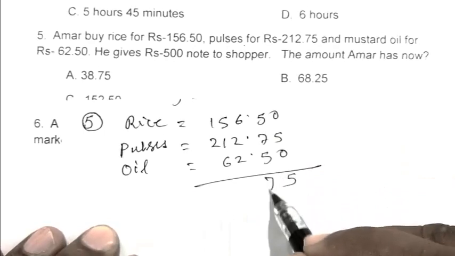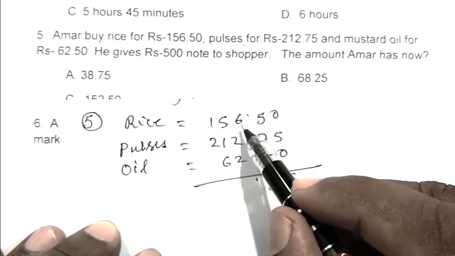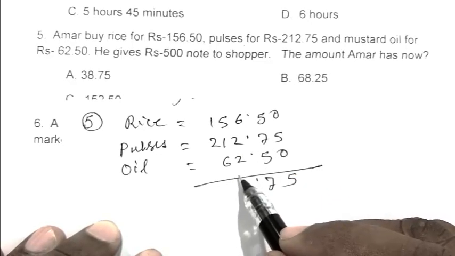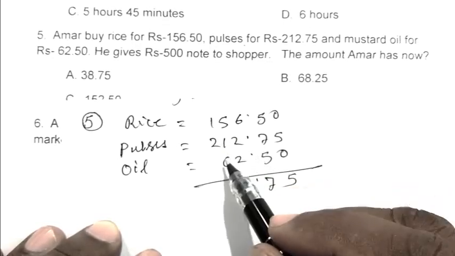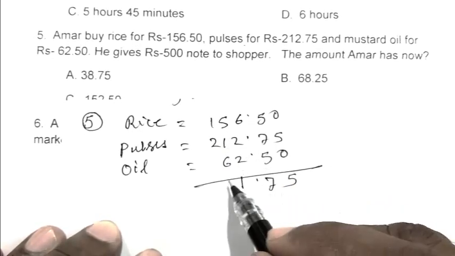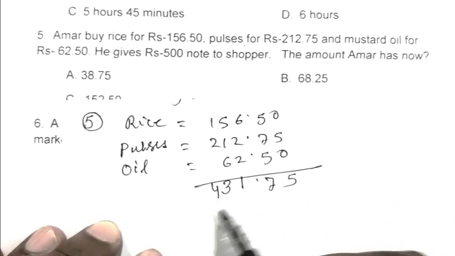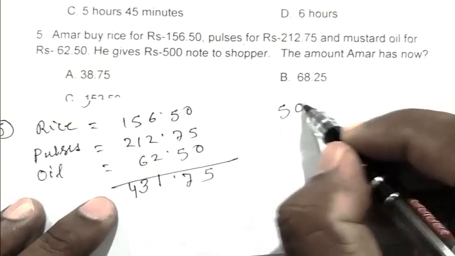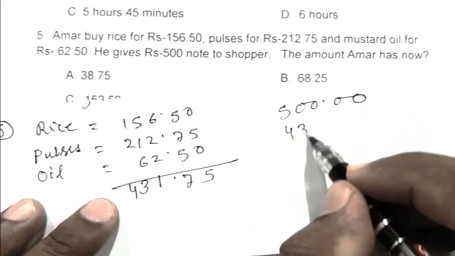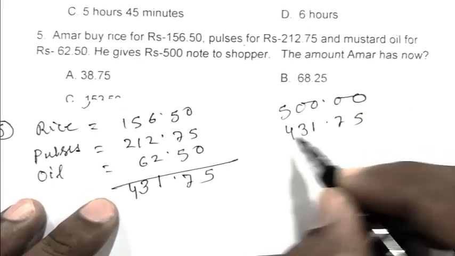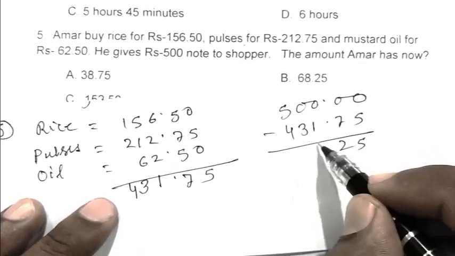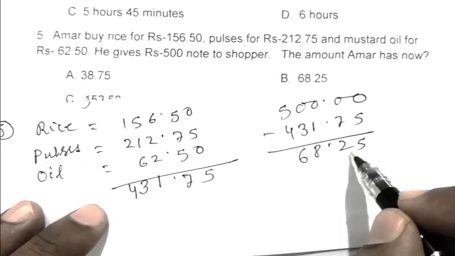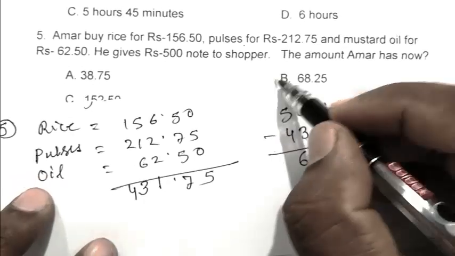Adding, the total is 431.75 rupees. He gave a 500 note, so the remaining is 500 minus 431.75. We subtract it and we get 68.25. So B is the right answer.